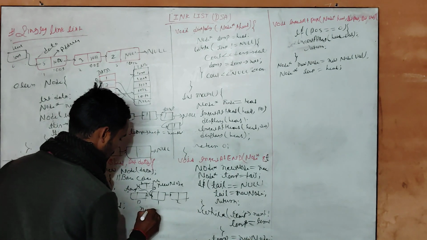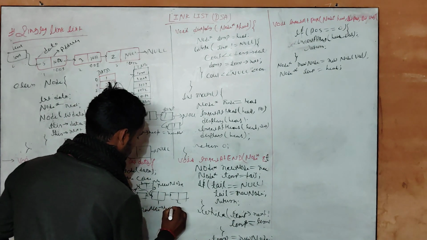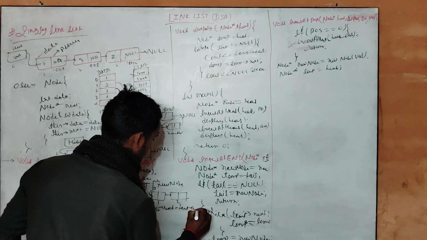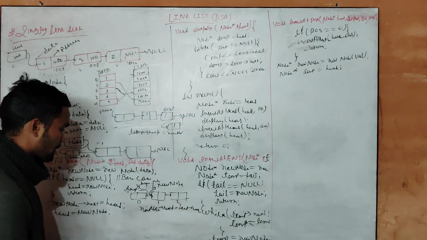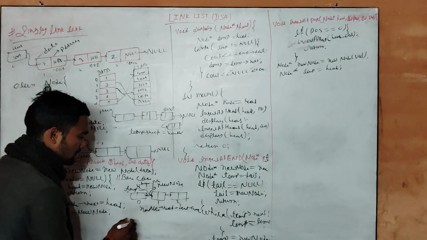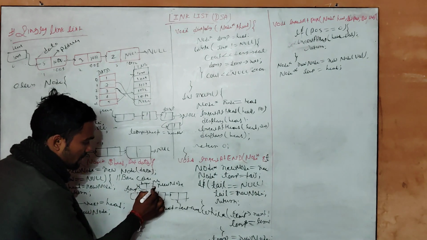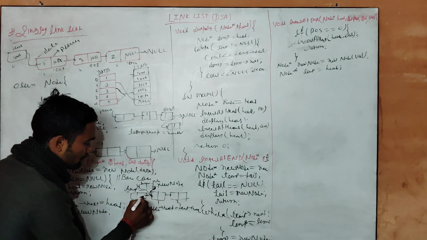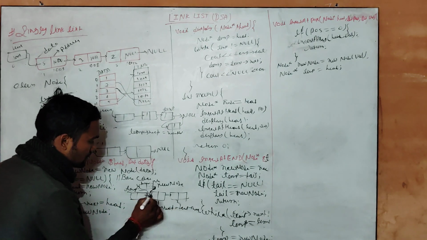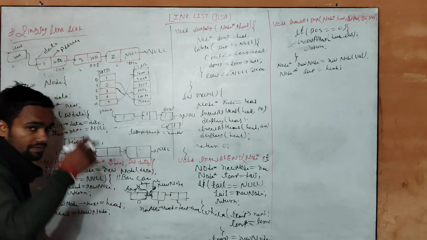Okay, new node next is equal to temp of next. Let's see, temp of next is this node. Okay, new node of next is equal to temp of next, and this node is indicated there.